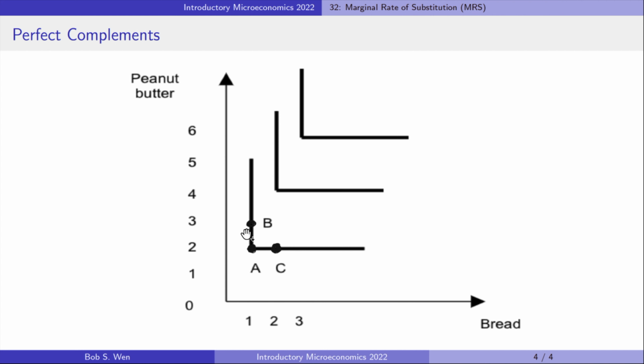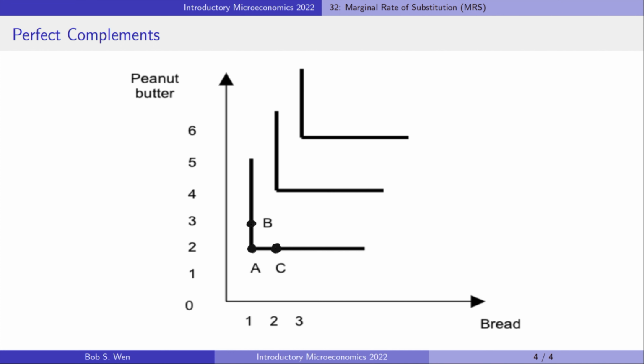So A, B, and C are on the same indifference curve. When the consumer is at point A, she is not willing to give up any of one good for more of the other because it will not give her any utility if it is consumed alone. The marginal rate of substitution is 0 for the right-angle indifference curves.